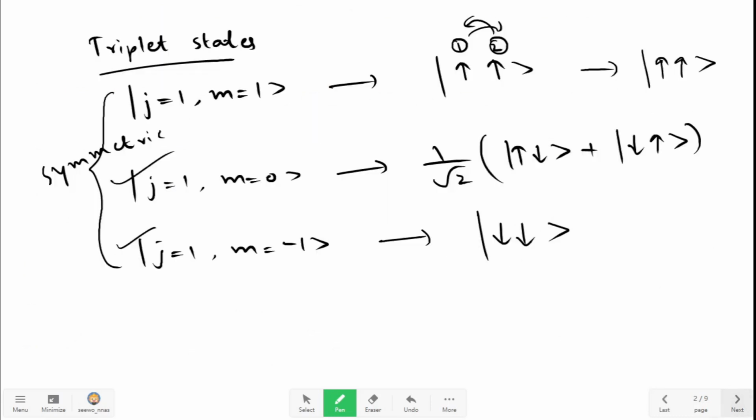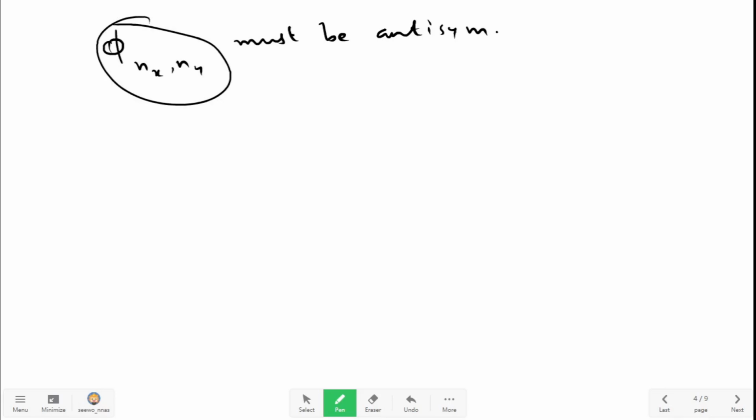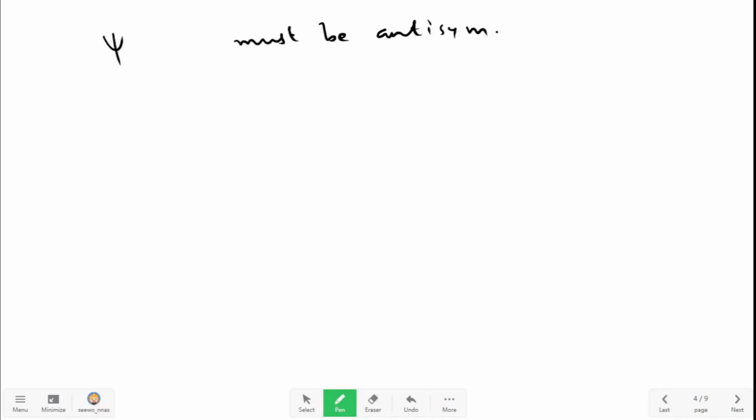Now the spatial wave function phi nx ny must be antisymmetric. Wait a minute, we used phi nx ny for the total wave function, but it is not. It is single particle spatial wave function, but we need the total spatial wave function to be antisymmetric.